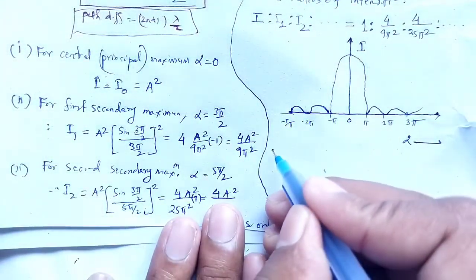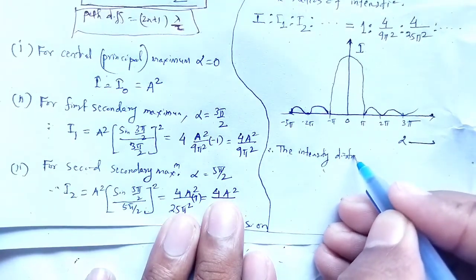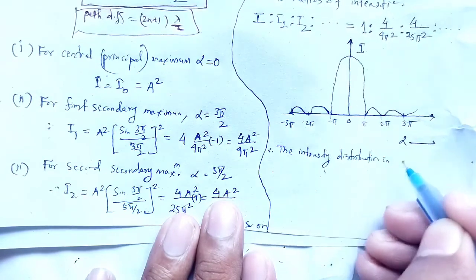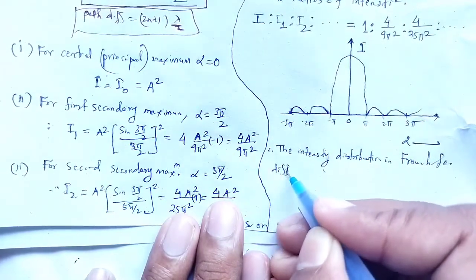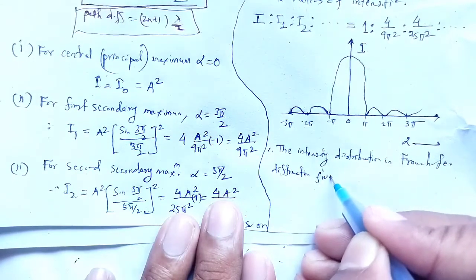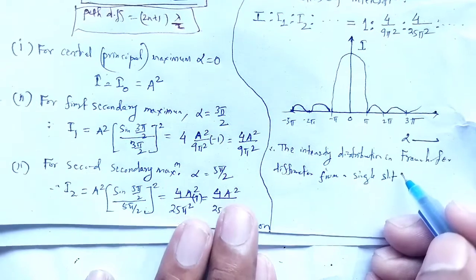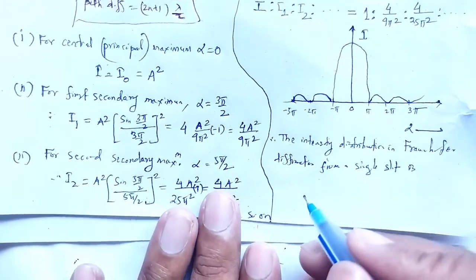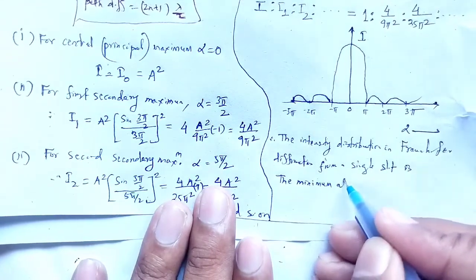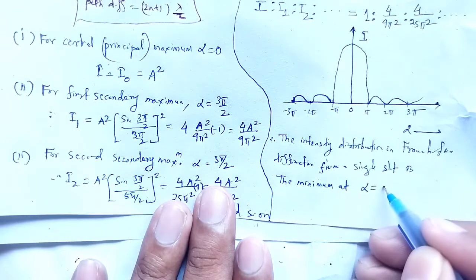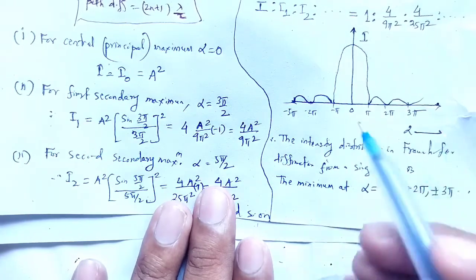Now the intensity distribution in Fraunhofer diffraction from a single slit is minimum at alpha is equal to plus minus pi, plus minus 2 pi, plus minus 3 pi. Here is the minimum.